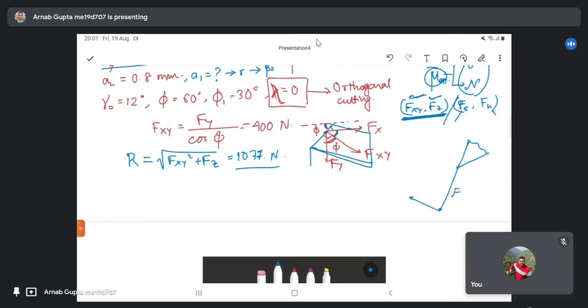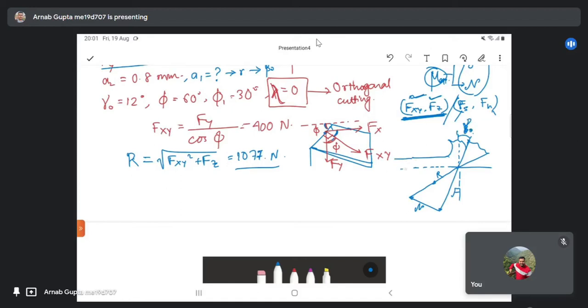Normal to that is the force component normal to the rake face, and this is R. We know that this angle is gamma naught, that is the orthogonal rake angle.